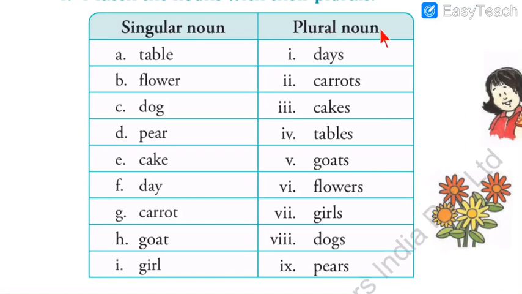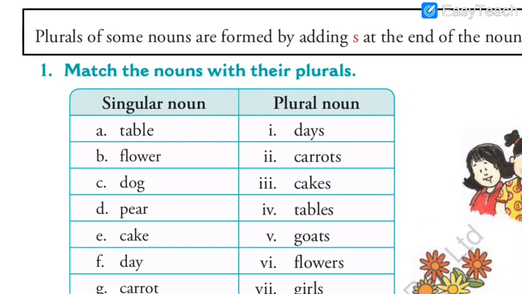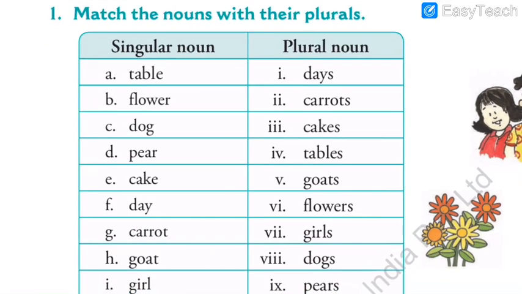With table, days, no. Carrots, no. Cakes, no, it is also not the plural of table. Tables, exactly. If you notice, you need to only add s and then you will get the answer. If we add s to table, it becomes tables. So we are going to match table with tables.